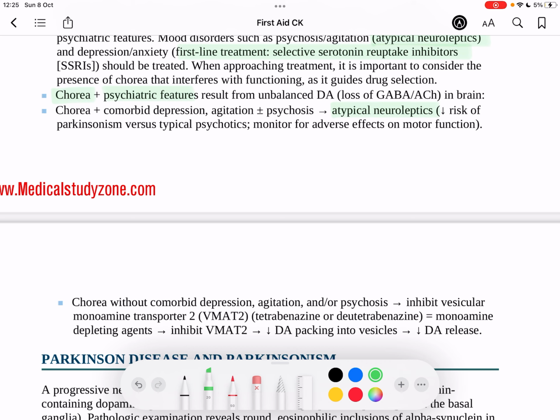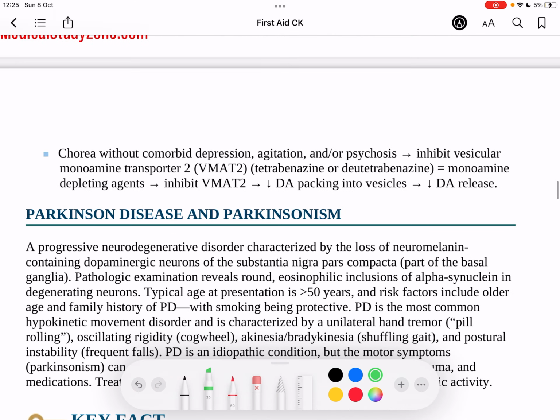As you know, typical antipsychotics like haloperidol can cause extrapyramidal effects. So I'm going to have to make sure that I'm giving atypical neuroleptics, which don't have as much of those almost Parkinsonian-like symptoms. If a patient has chorea, the motor symptoms, but they don't have any of these psychiatric conditions, of course, I don't need to give an atypical neuroleptic, okay?